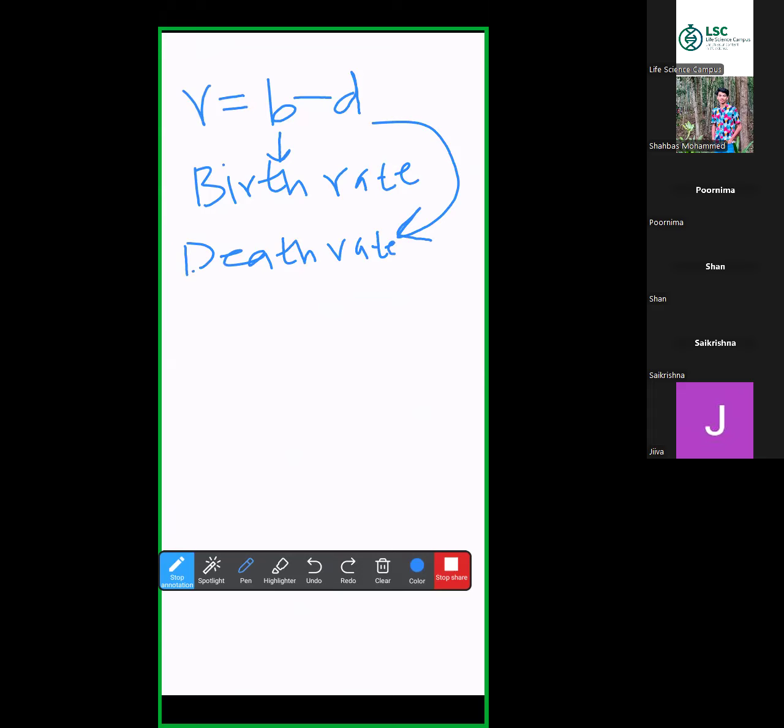Birth rate is given by number of individuals born divided by total number of individuals.